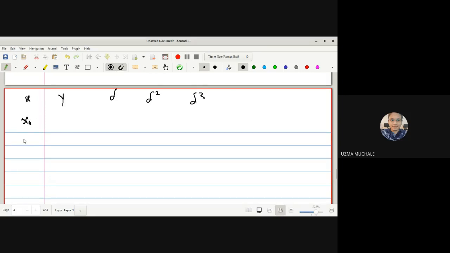Again the values are x0, x1, x2, x3. Corresponding values are y0, y1, y2, y3. And the difference between these we are denoting by y half. The difference between these two we are denoting by y3 by 2. This is y1 by 2, or you can write this as nothing but 1 plus 0 divided by 2, 2 plus 1, that is 3 divided by 2, 3 plus 2, that is 5 by 2.